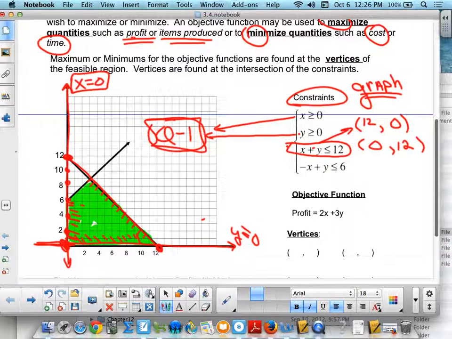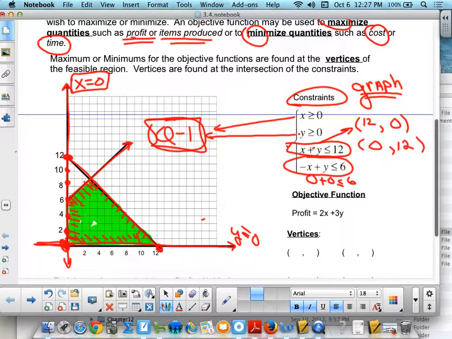And then when it comes to this line, which would be this equation, where do I shade in that one? Anybody know? Below. It is below, because if you tried 0, 0, is 0 plus 0 less than 6? Yeah, so you will shade below this line.